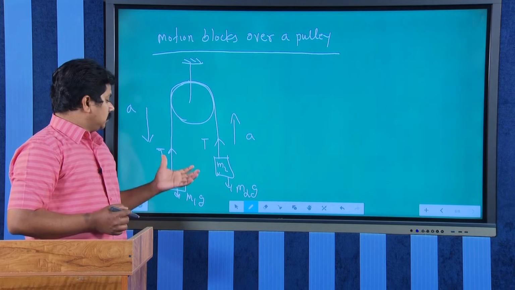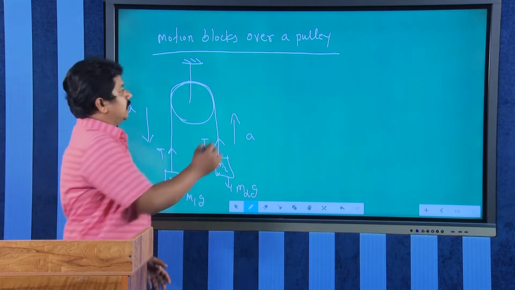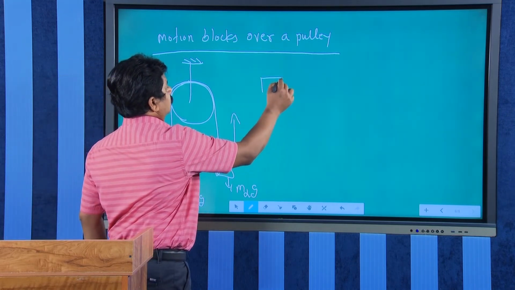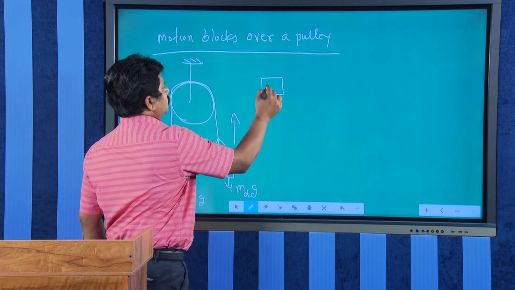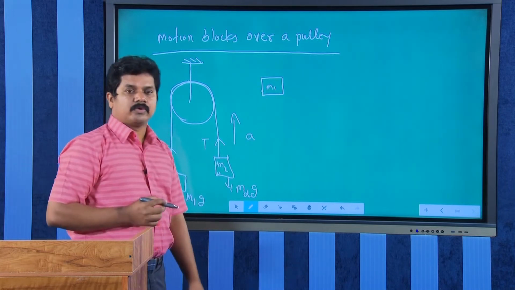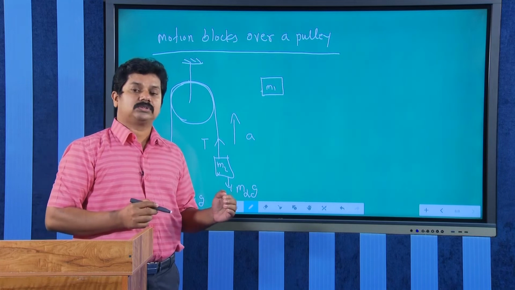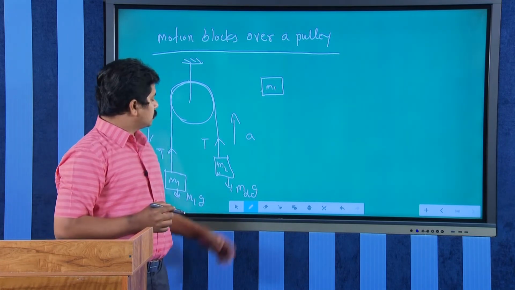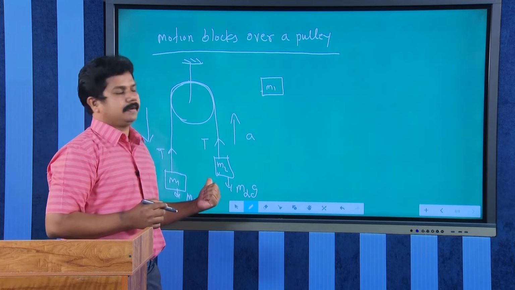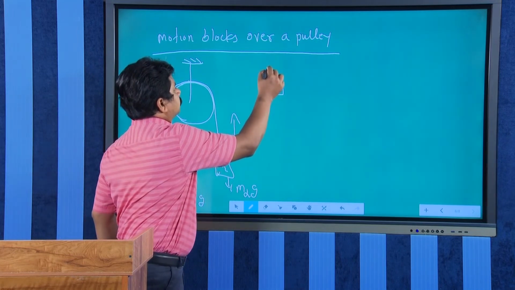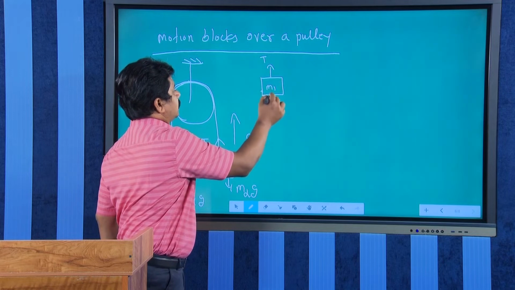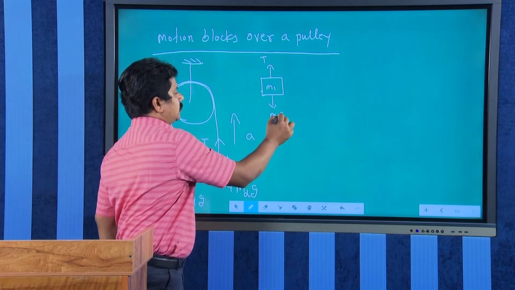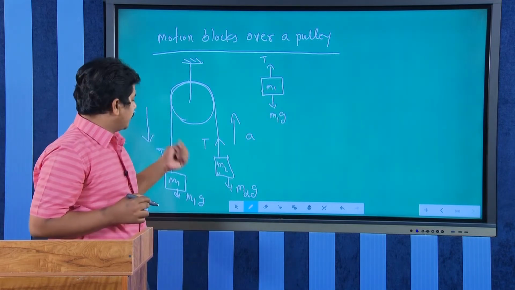Draw the free body diagram of M1. M1 free body diagram shows the body and forces acting on the body. So, what are the forces on M1? T upward and M1g downward.